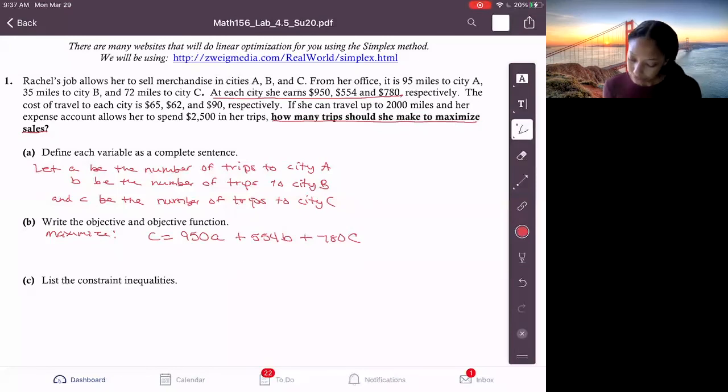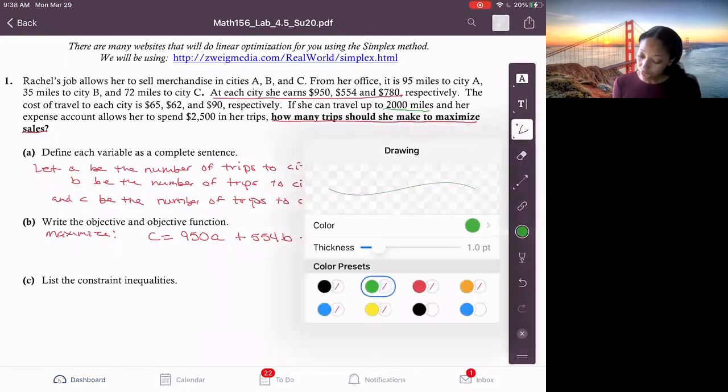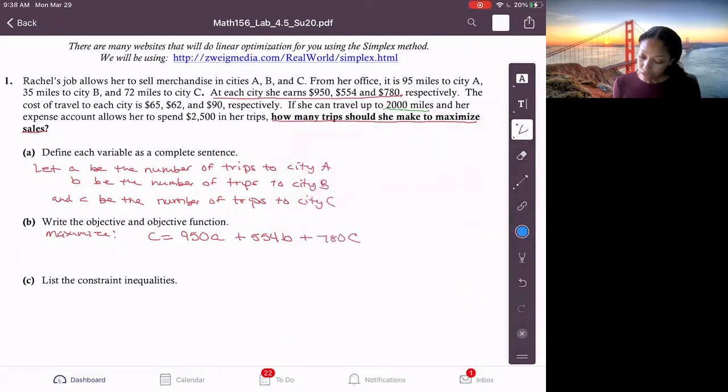All right, now our constraints here. We are told that she can travel only 2,000 miles. That's one constraint. And her expense account only allows her to spend $2,500. So we have constraints on how far she can travel altogether and then how much she can spend.